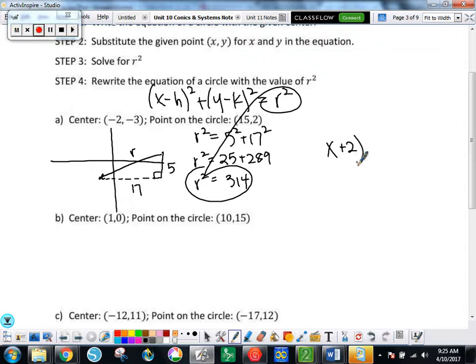A negative 2. So x plus 2 squared plus y minus a negative 3, so y plus 3 squared, equals r squared. Well, r squared is 314, so it equals 314. Questions on that one? Does that make sense?